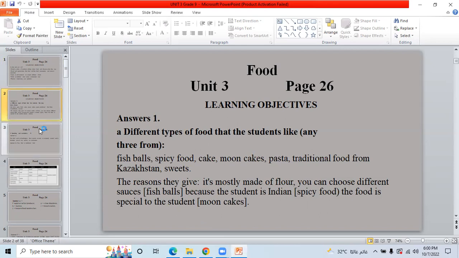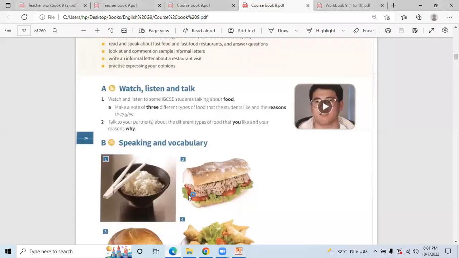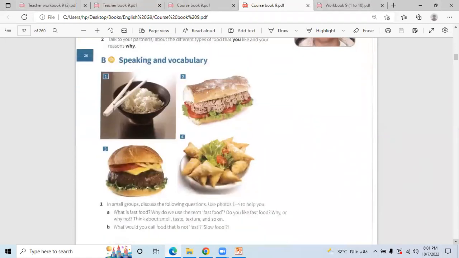All right, let's move on to the B part. In B part, we have the 4 pictures of different foods here. We have discussed these pictures in detail, what we can see in each picture.